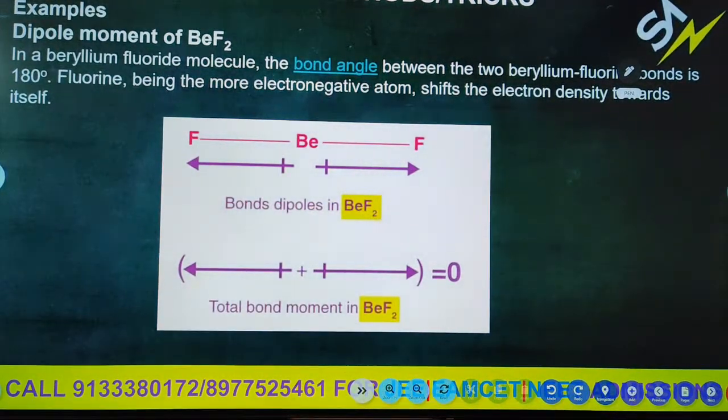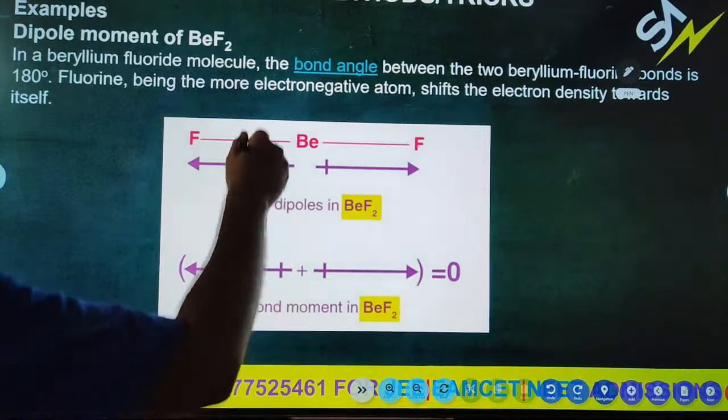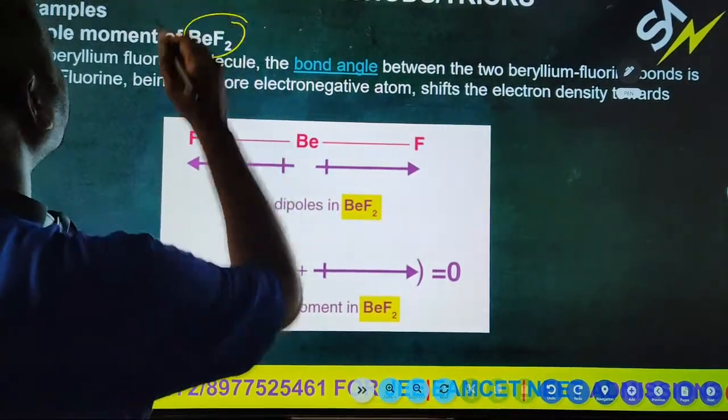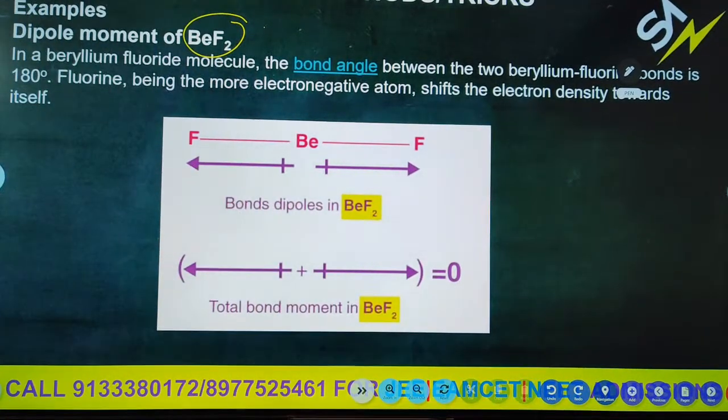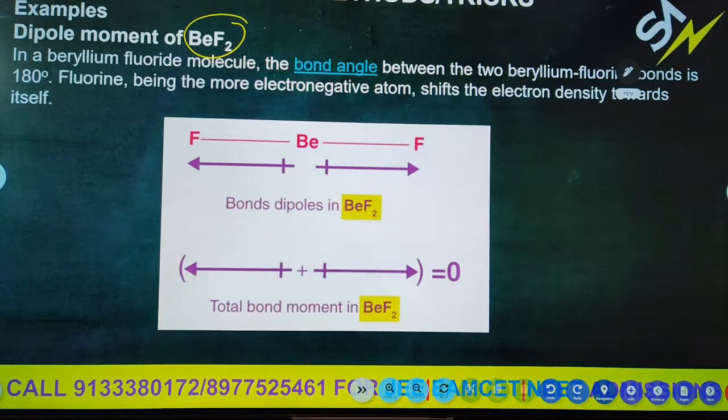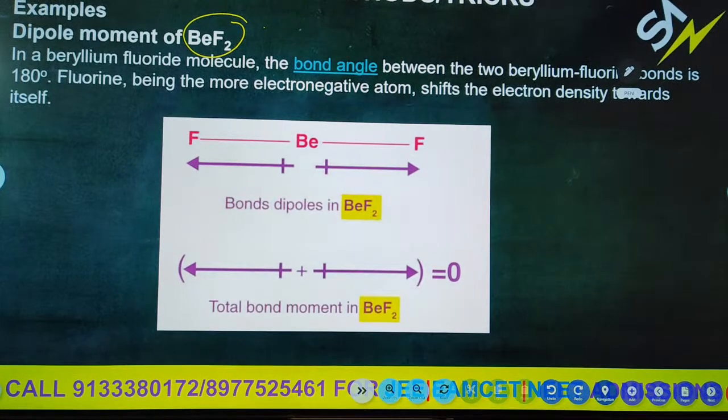Clear? After learning the dipole moment, its formula and units, now we see examples. The first example is the dipole moment of beryllium fluoride. What is the central atom? Beryllium. Each side has a fluorine, two fluorines in total, and they form single bonds, no double bond.